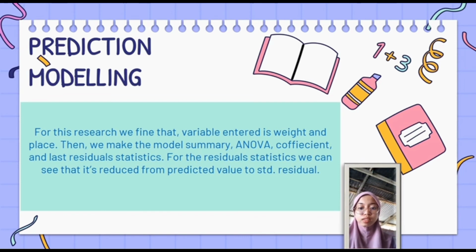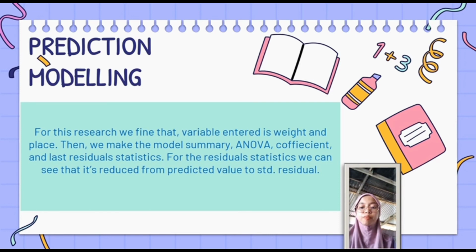For the residual statistics, firstly we record the minimum: predicted value 1.95. Next, residual negative 2.294, and next standard predicted value negative 1.616, and last standard residual negative 1.703.